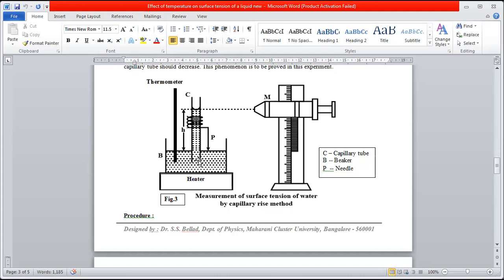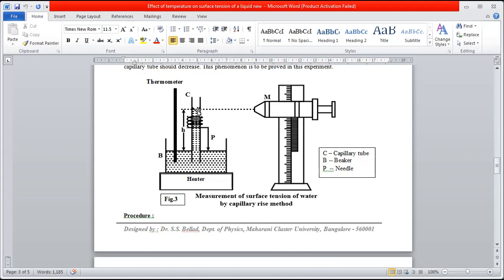And now, since we are using the heater, we are going to heat the liquid, so the temperature changes. To note down the temperature changes, we have to use a thermometer. So a thermometer can be inserted into this liquid. And this is the meniscus inside the capillary tube.